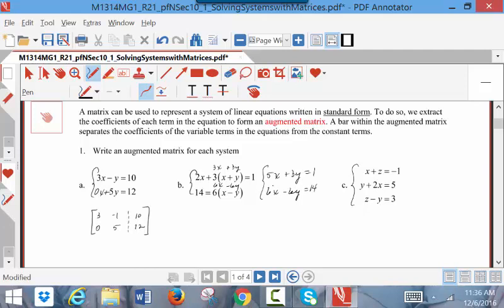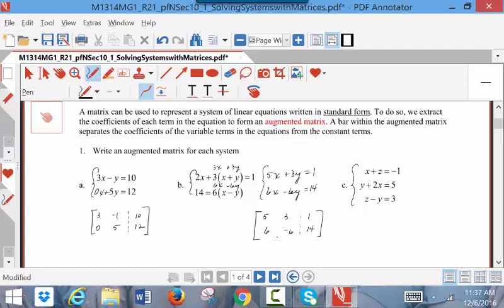So you would rewrite your equation in standard form before you would convert it to the augmented matrix, which would be a coefficient of 5, coefficient of 3 and 1, 6, -6, and 14, and this would be your augmented matrix. Again, there's a tendency to put either a dashed line or something in there to separate the coefficients from the constant.